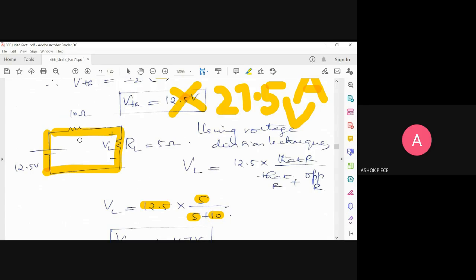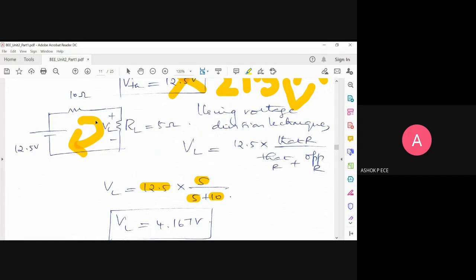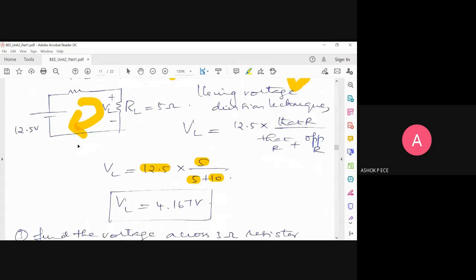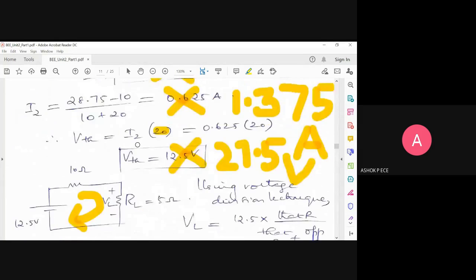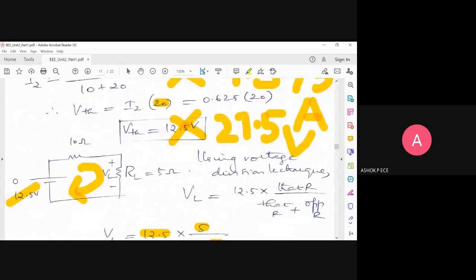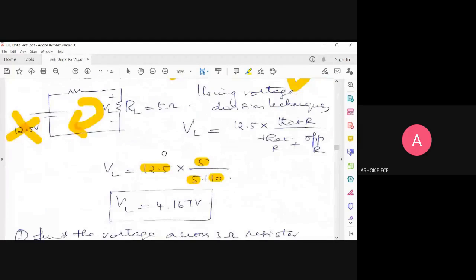Even you can apply KCL, Kirchhoff's voltage law, find the current and you will get the same answer. Again, I say, which method you use, I leave it to you. Since I want to find the voltage, I am applying the voltage division technique. See, again, this 12.5 is wrong. It is what you got, 27.5. So this value will also be wrong.